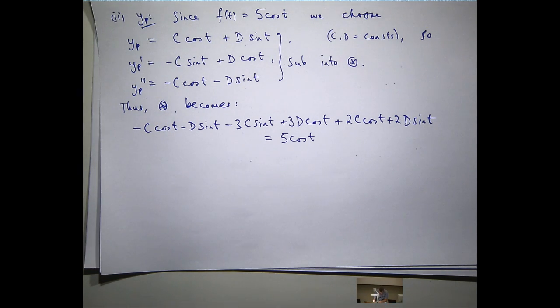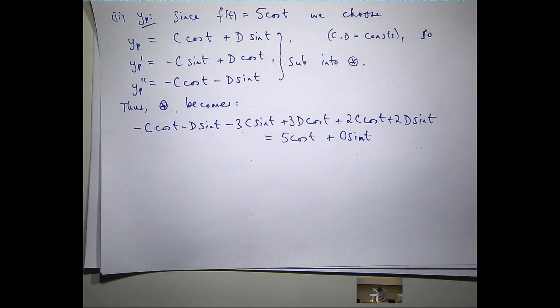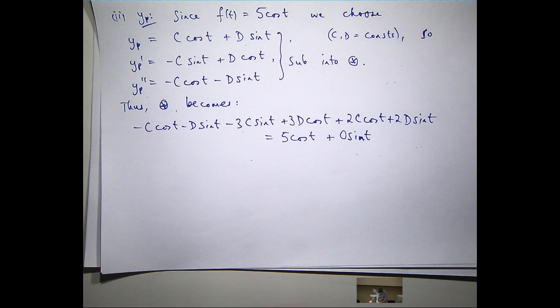Well, on the left-hand side, I've got cosines and sines. On the right-hand side, I've got just 5 cosine t. What I want to do is just compare the sines and the cosines on the left and make them equal to the sines and the cosines on the right. Okay, I'm going to get... Okay, this is going to give me C cosine t.